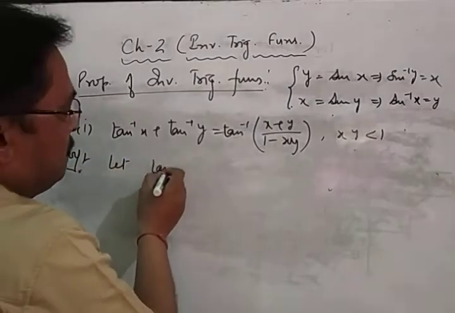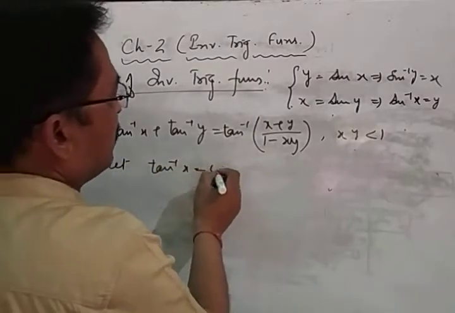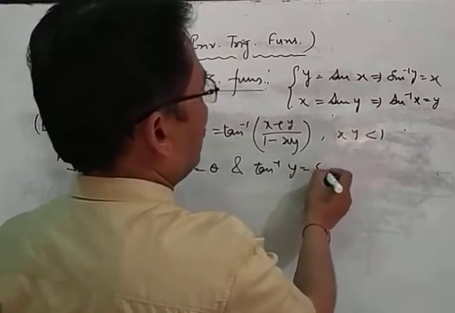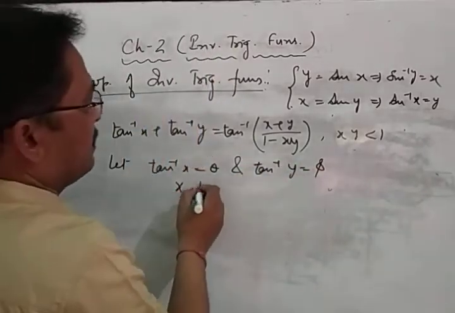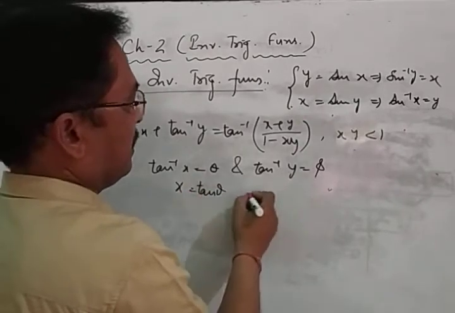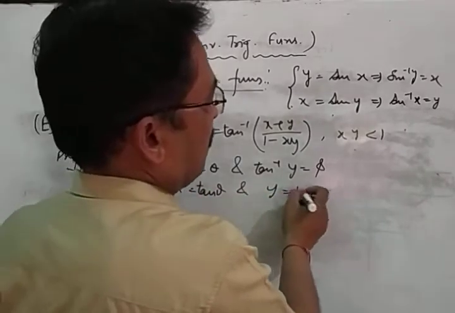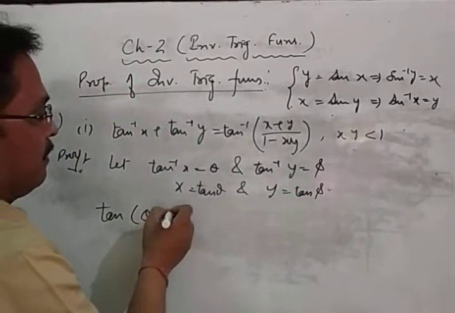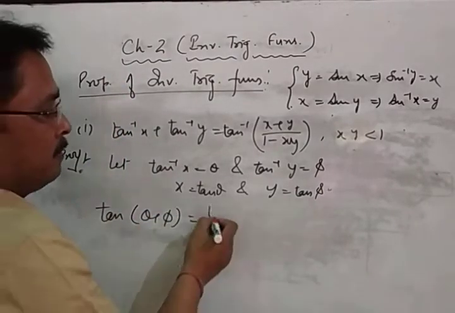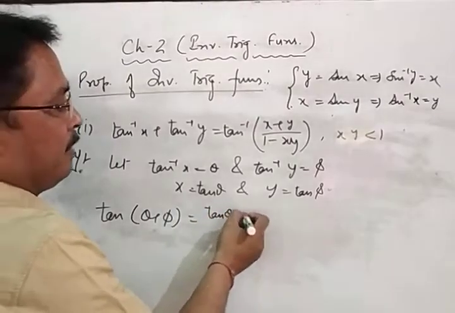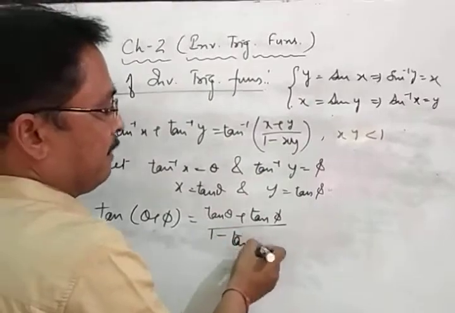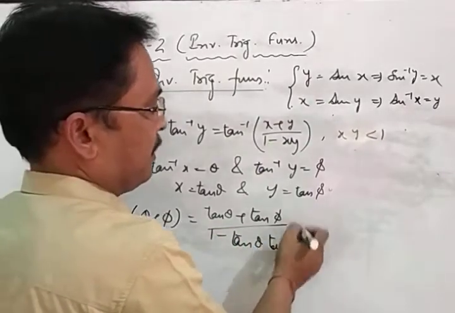Let tan inverse x equal to theta and tan inverse y equal to phi. So this implies x equal to tan theta and y equal to tan phi. Now tan theta plus phi, you know tan a plus b is tan a plus tan b upon 1 minus tan a tan b.